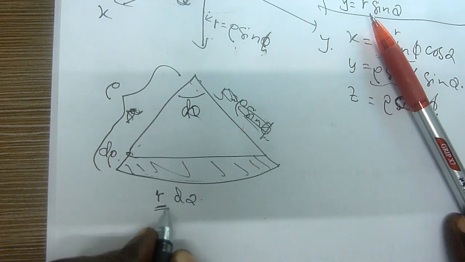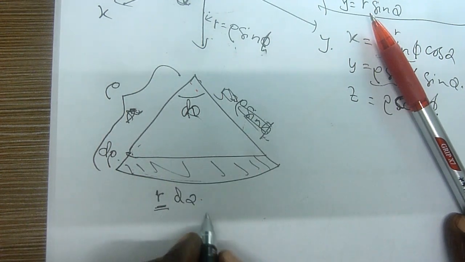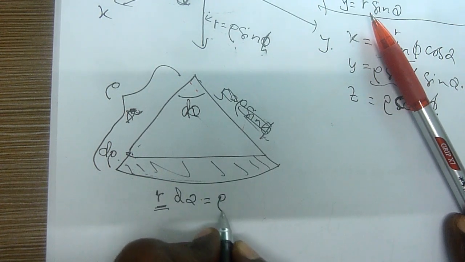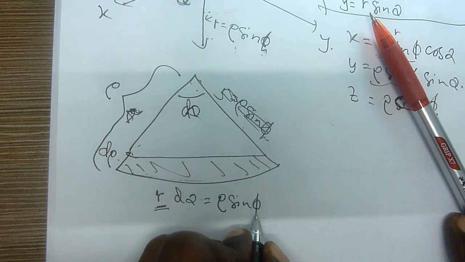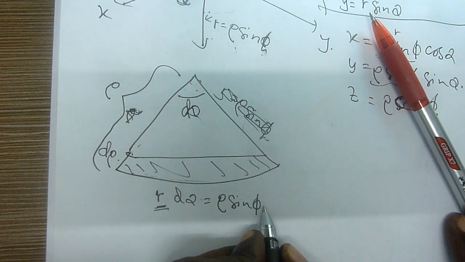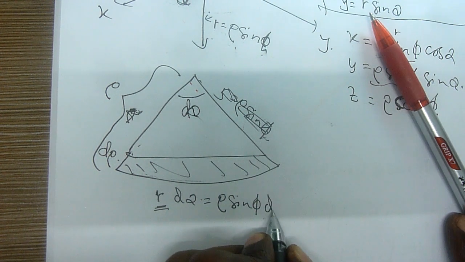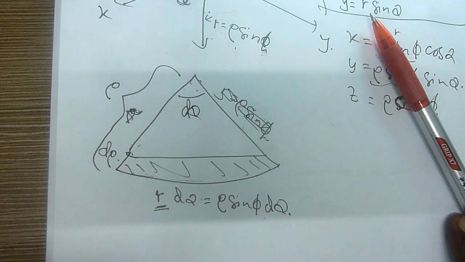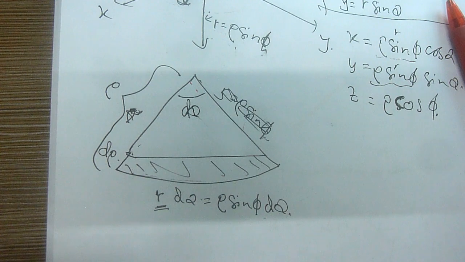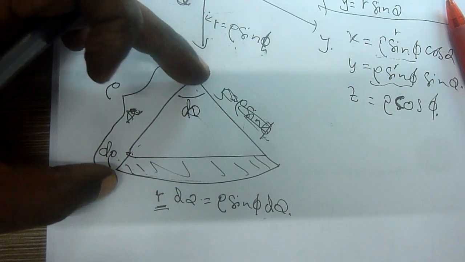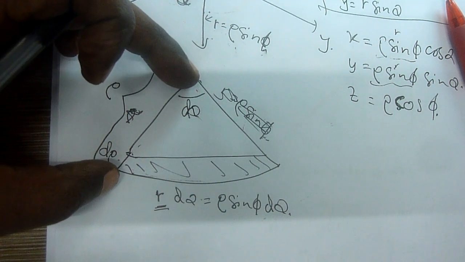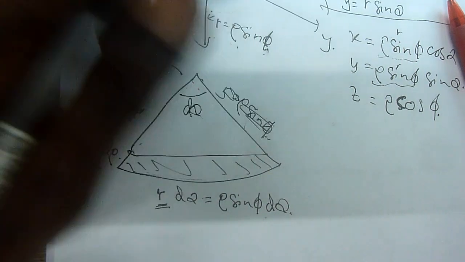But what we agreed here, r is this one, sine phi, d theta. The length of the whole thing is basically, you can see it's a 90.